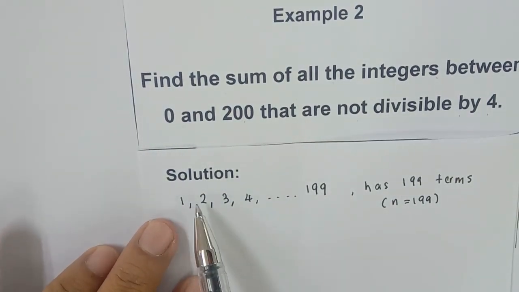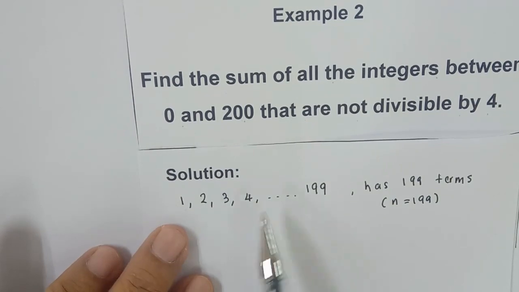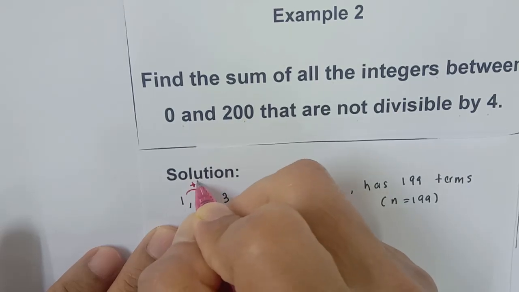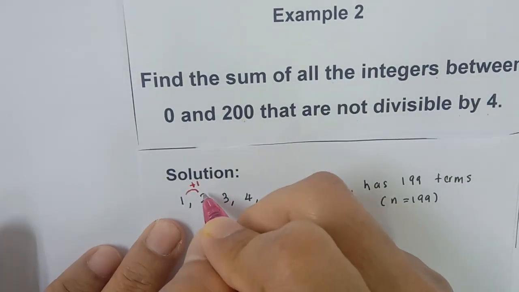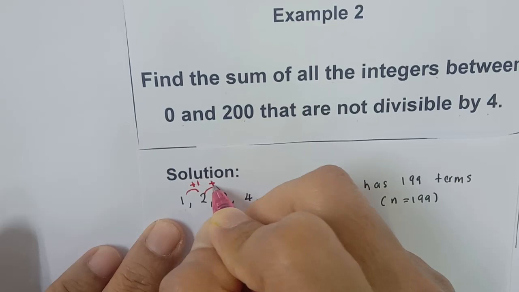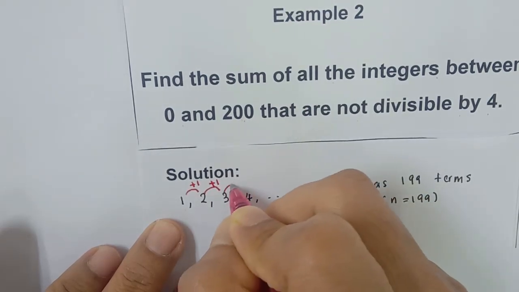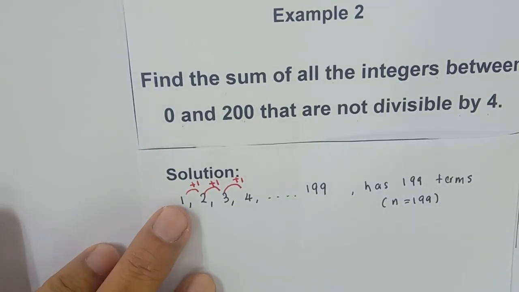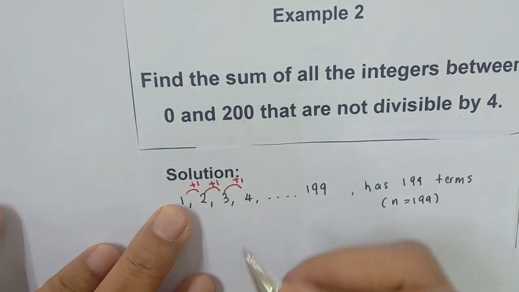Okay, you look at this sequence, first term to second term is add 1, second term to third term is add 1, third term to fourth term is add 1, same common difference. So this sequence is an arithmetic sequence.